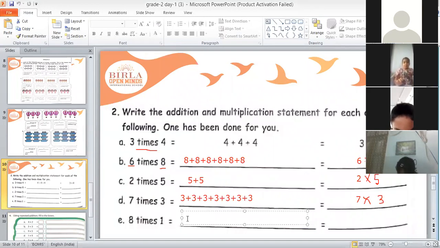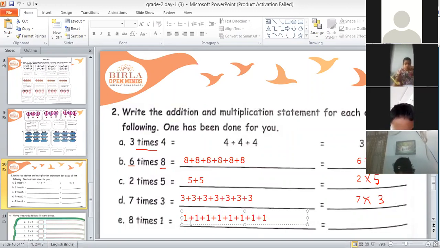What is the answer? 1 plus 1 plus 1 plus 1 plus 1 plus 1 plus 1 plus 1.